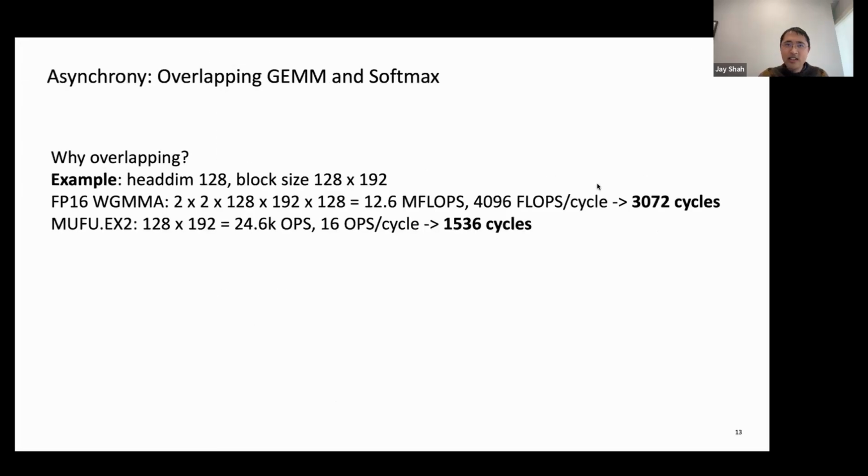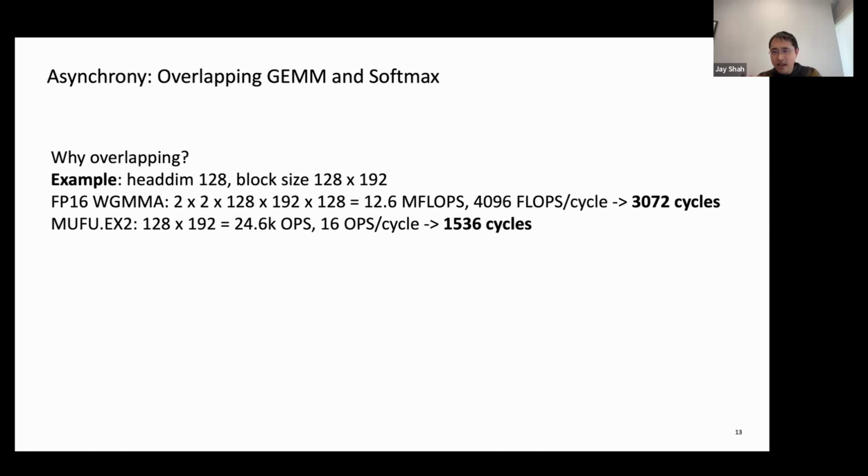Yes. So with asynchrony, we can use that. Well, first, here's the problem. The special functions used in softmax are very low throughput. As a concrete example, let's say head dimension 128 and block size 128 by 192.